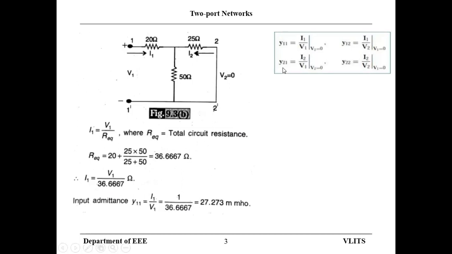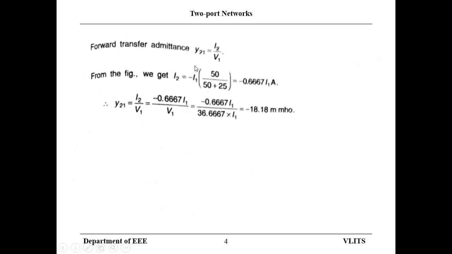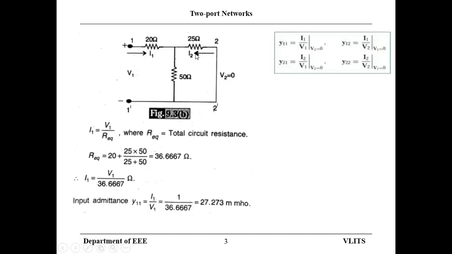Then after that, what you have to find? Y21. If you want to find Y21, then you have to find the I2 equation in terms of V1. If you see, this is I2. The current flowing through this 25 ohm resistor is I2.